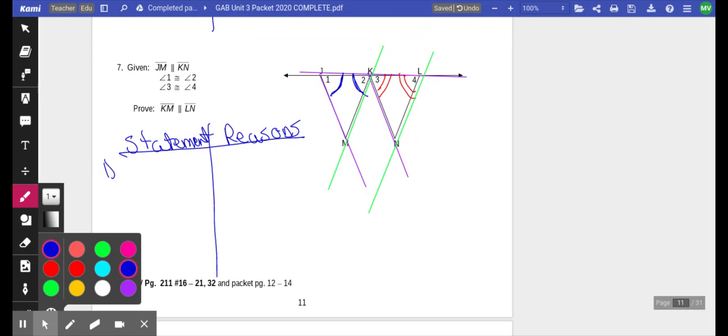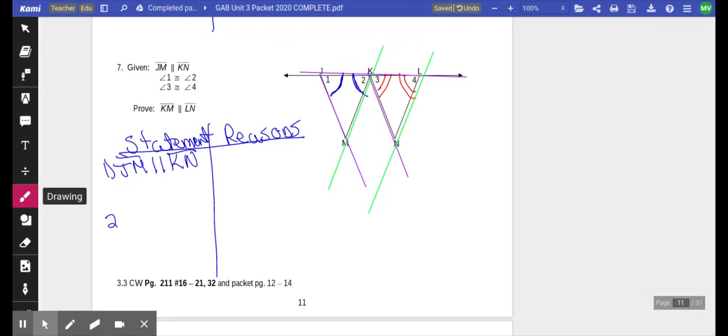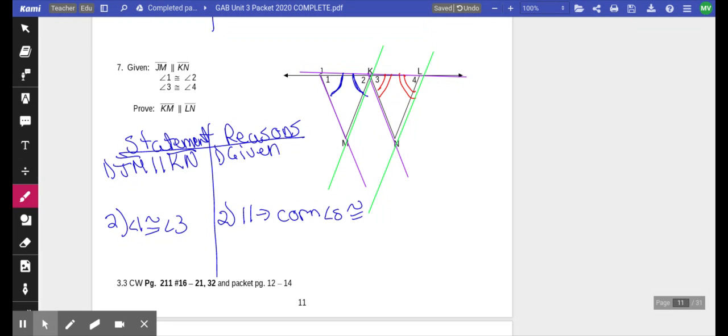So knowing that JM is parallel to KN, and I have that transversal, that tells me that 1 is congruent to 3 because those are corresponding angles. So I'm going to go ahead and do that. So parallel implies corresponding angles congruent. That's just from my first given.